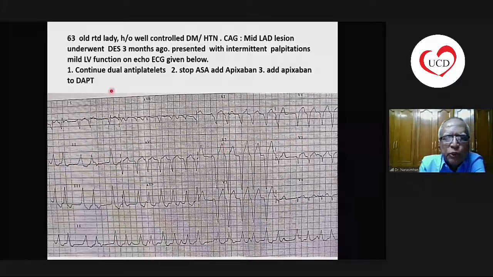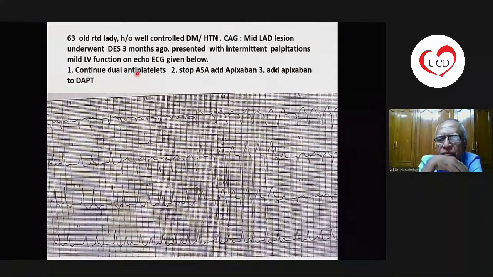Would we continue beta blocker and dual antiplatelets, or stop the aspirin and add apixaban and continue the ticagrelor, or add apixaban in addition to DAPT? What will we do? Any takers?